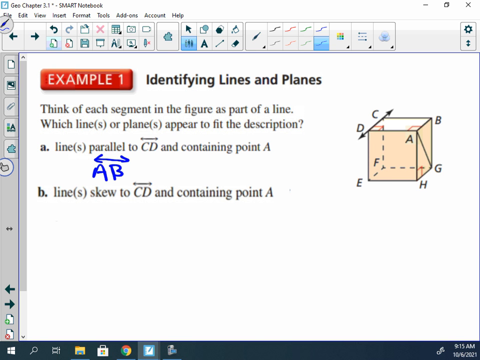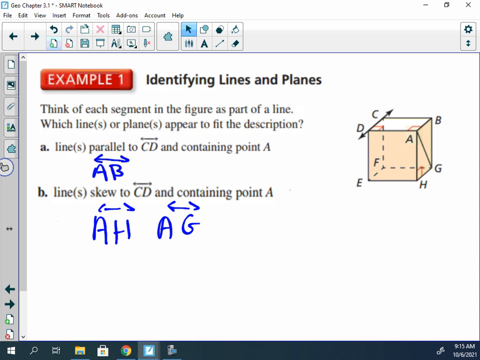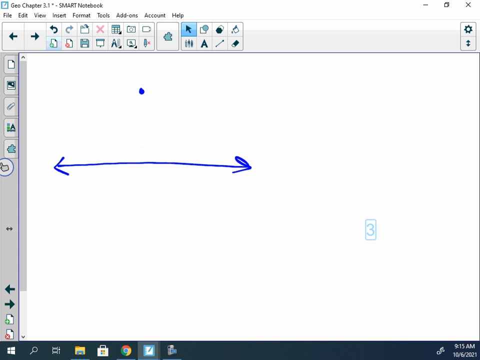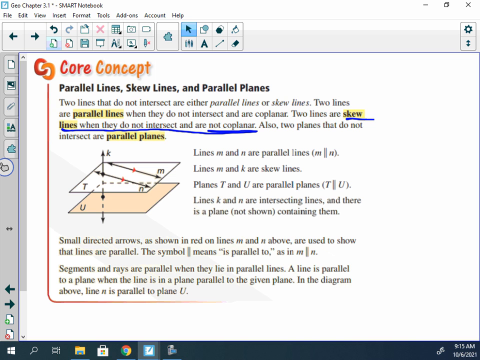Okay, how about lines skew to CD that contain point A? Well, I know I'm going to need A. AH and AG.